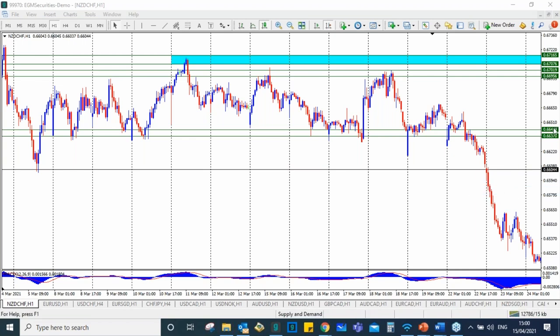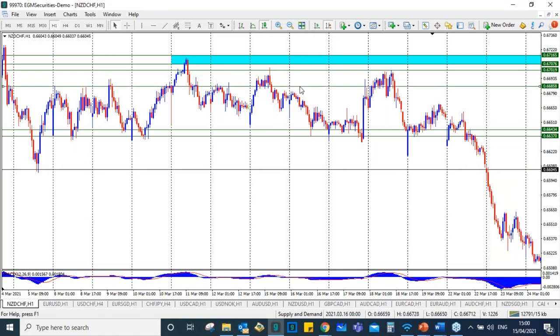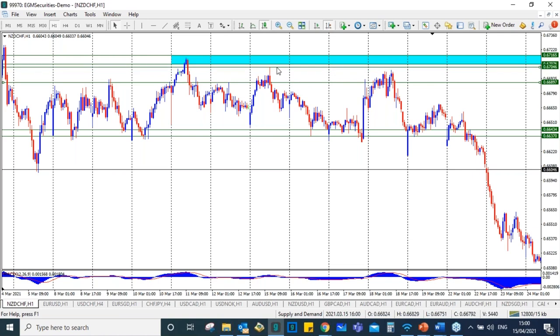If we move our distal line and proximal line to this zone, you will notice that had we drawn this level earlier, we could have been able to capitalize on this trade.